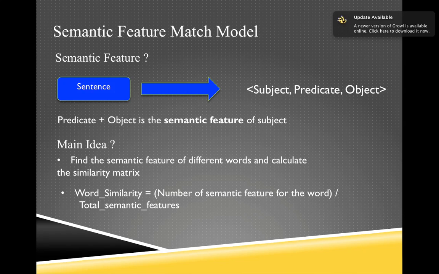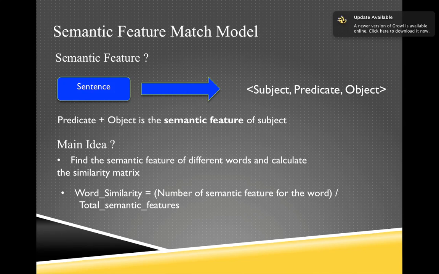After that, you go through from the first entry in the tuple to the last entry in the tuple, and record how many different semantic features there are. And then for each concept, you can see how many features in the total features describe this concept. You record that number. Use that number to divide the total semantic feature number. You will get the word similarity.